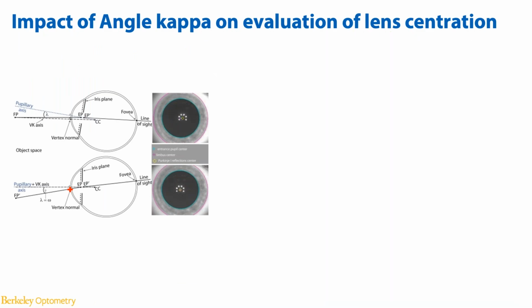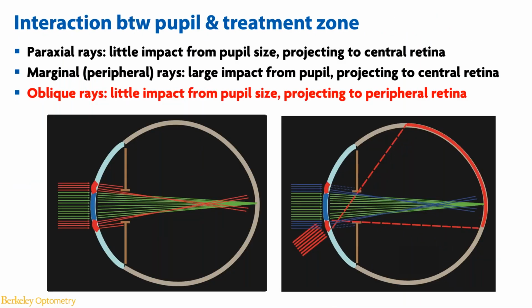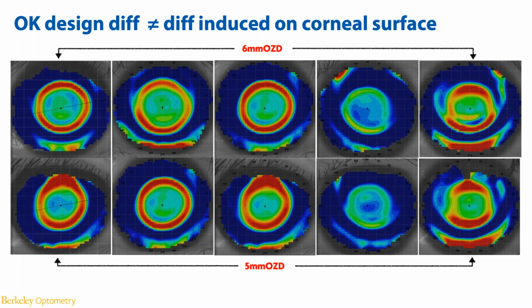So again, as I mentioned, we don't have enough samples in the study on the higher myopes, so I don't really know whether for higher myopes the 5 mm lenses will work better.